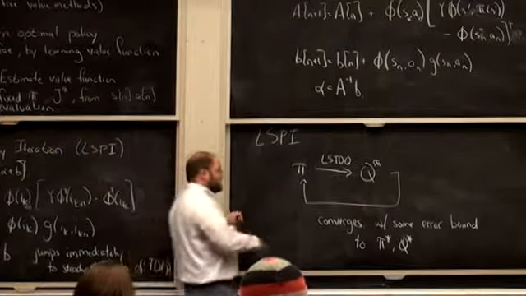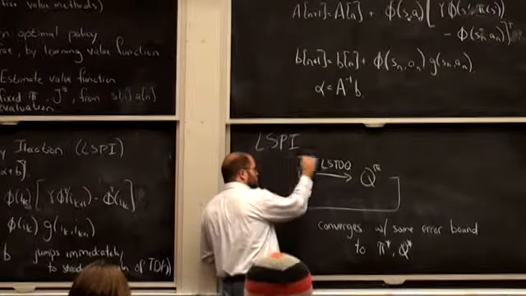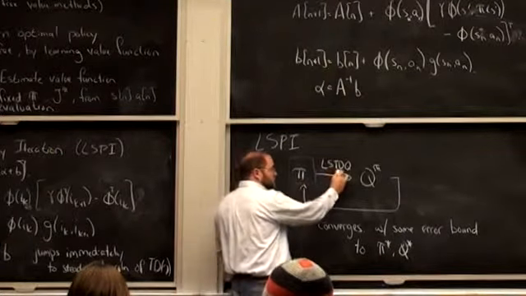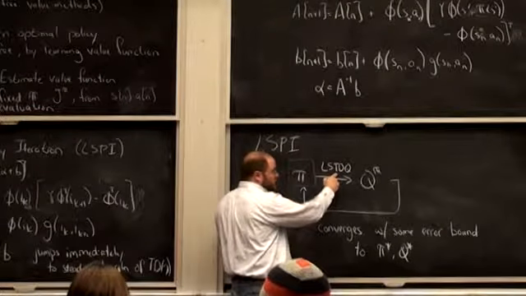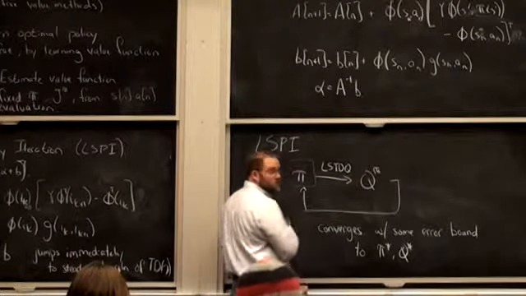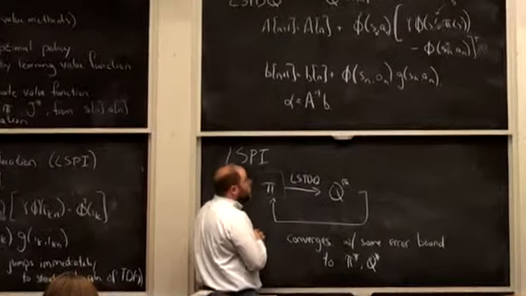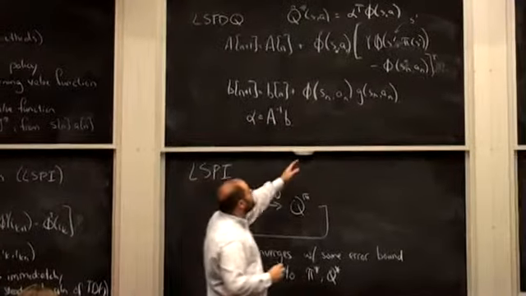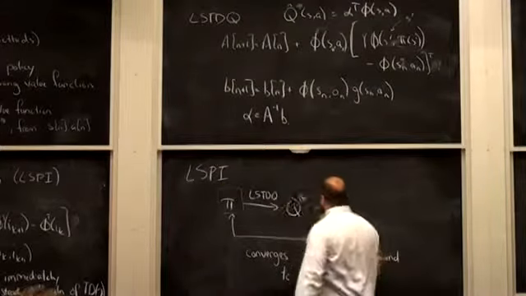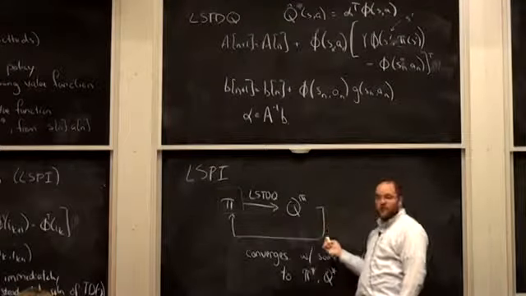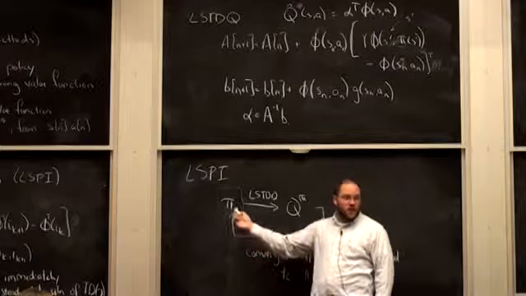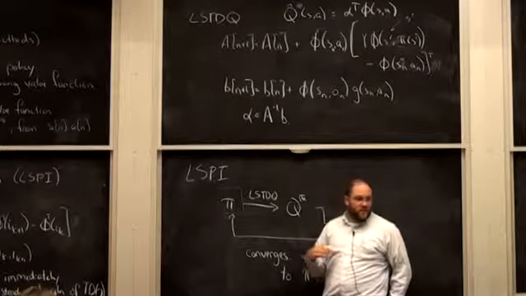In the pure sense, you should run this for a while until you get a good estimate through LSTD and then you get to your new Q pi. But by virtue of using Q functions, when you do switch to your new policy, pi 2, let's say, you don't have to throw away all your old data.